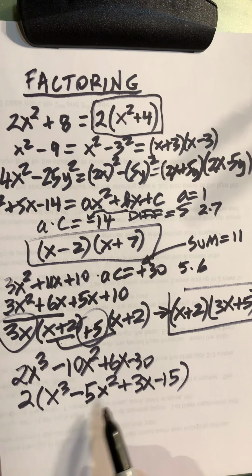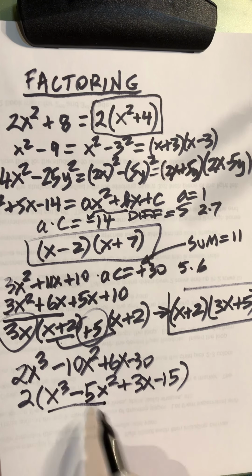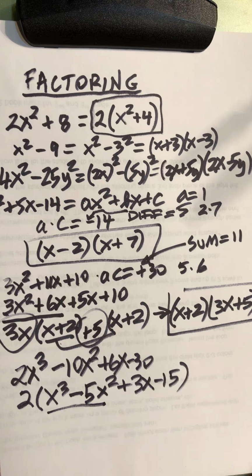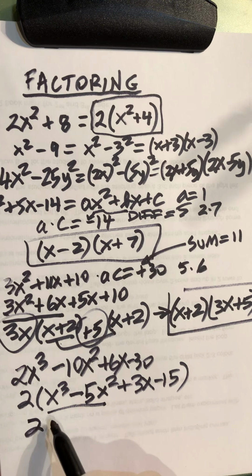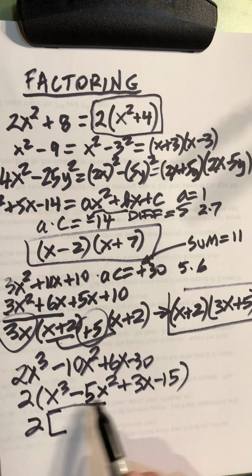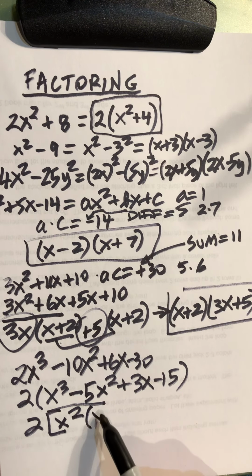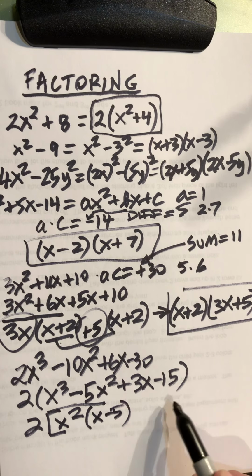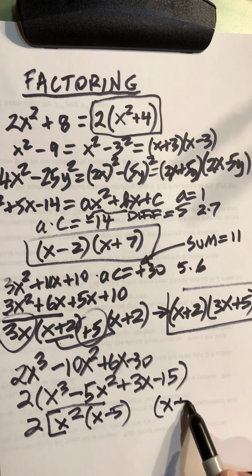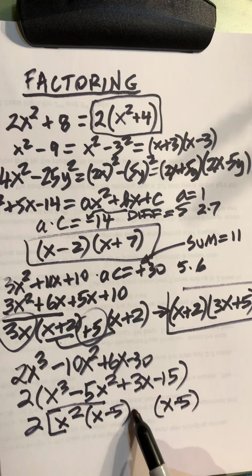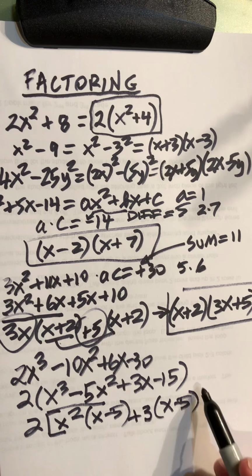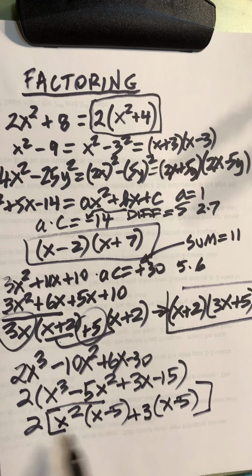All right, now, what's common here? Because I've got 1, 2, 3, 4 terms, I'm going to do grouping. So that's 2 times x squared comes out of there, and that's going to leave me with x minus 5. That x minus 5 comes over here, and then that's plus 3, isn't it? So let's see what I've got.